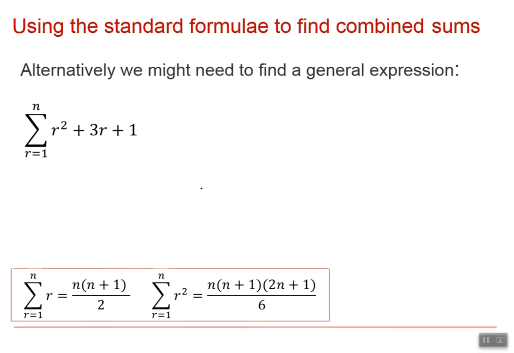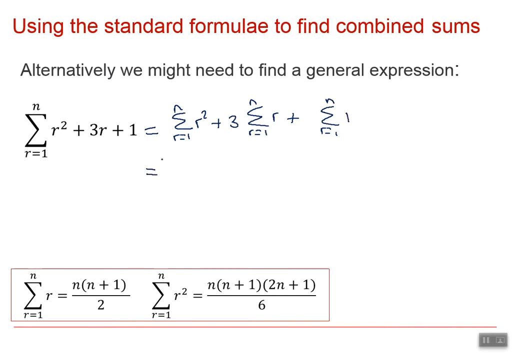So as mentioned before, we may need to use these formulae to find combined sums in a general expression. Here we can see we're going up to n, not a specific number. So in exactly the same way, we need to split this sum up. So from r equals 1 to n of r squared plus 3 times the sum from r equals 1 to n of r plus the sum from r equals 1 to n of 1.